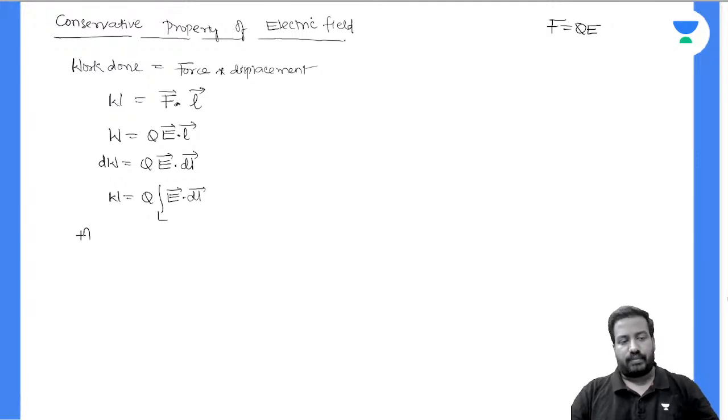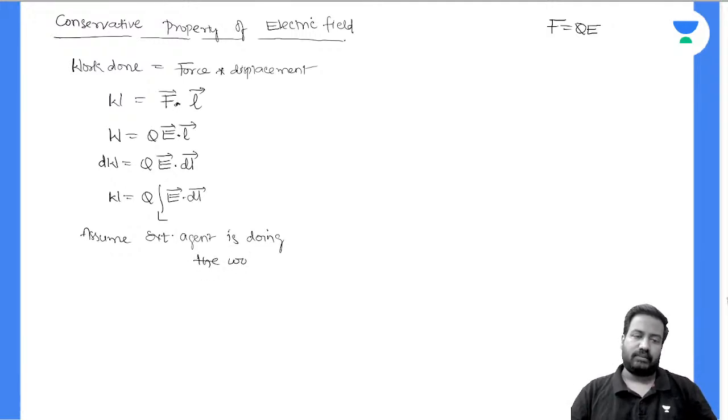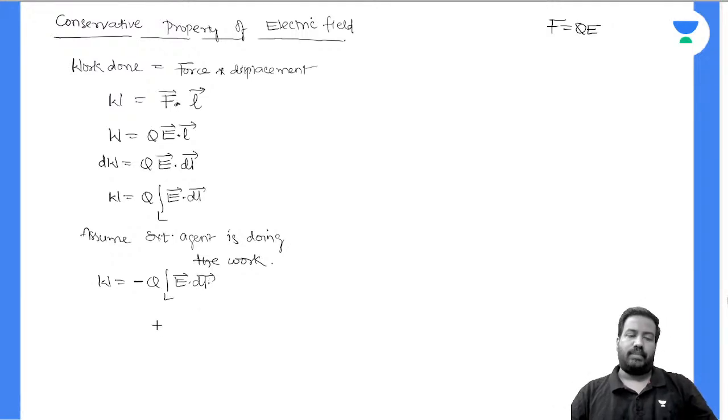Now if you assume that an external agent is doing the work, what happens here? If an external agent does the work, the total work done becomes negative. W becomes minus Q into the integral of E dot dl.